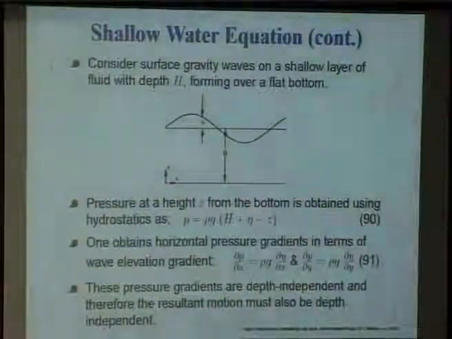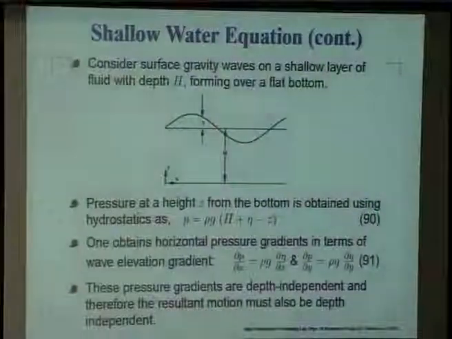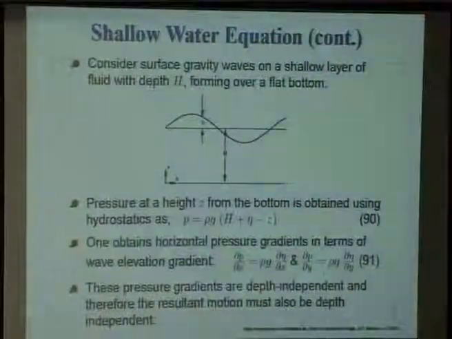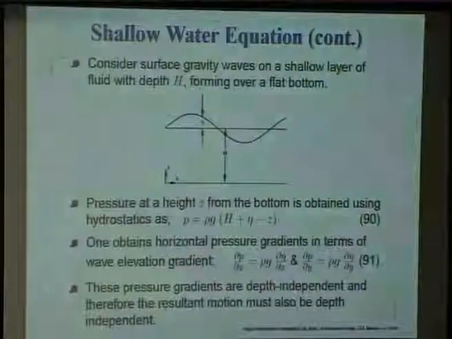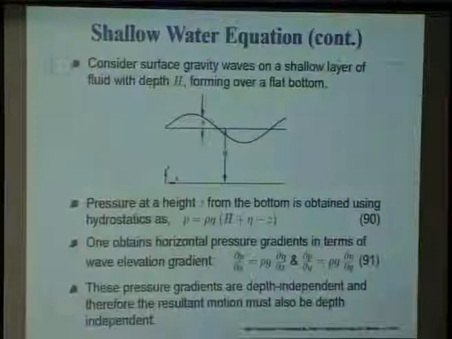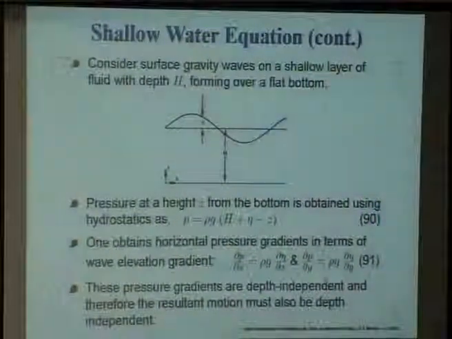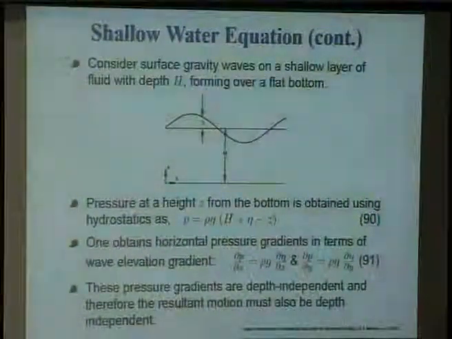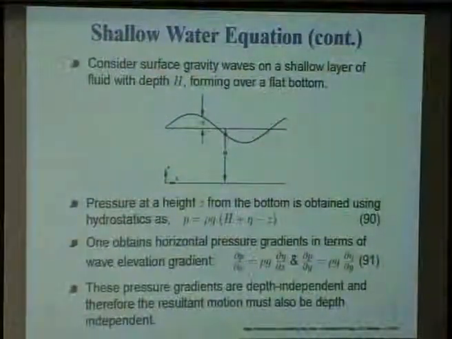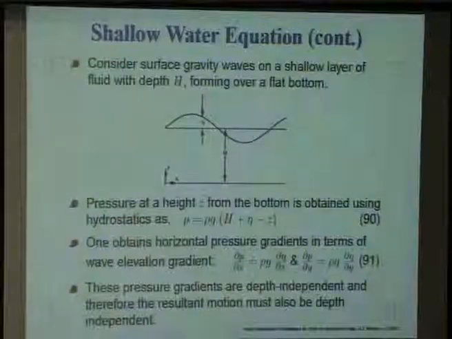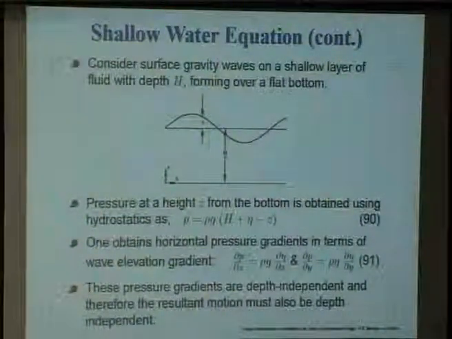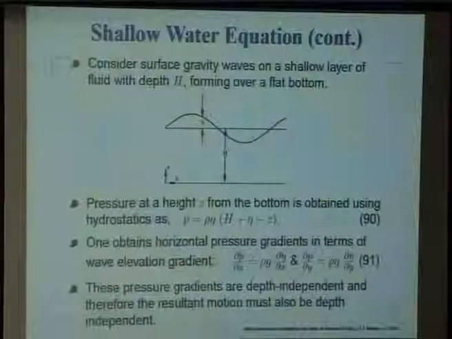Now, look at this, that we are talking about now surface gravity wave on very shallow layer of fluid with a depth of capital H, forming over a flat bottom. Okay. Now, if I look at the hydrostatic pressure at any location, then we could relate it to rho g h plus eta minus h.